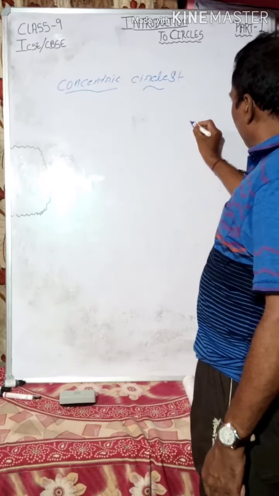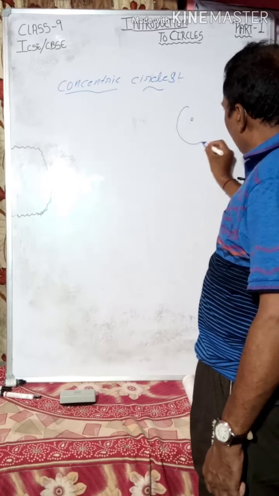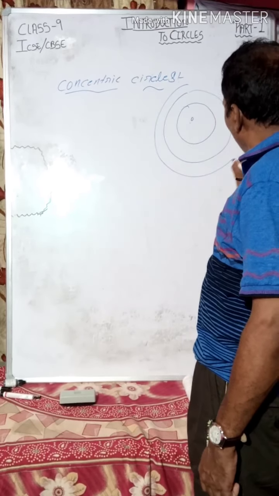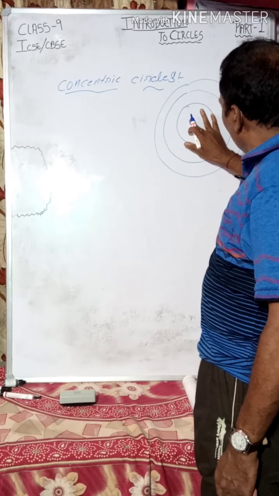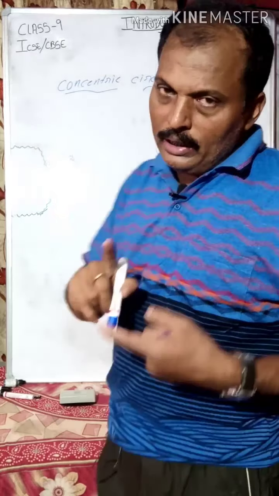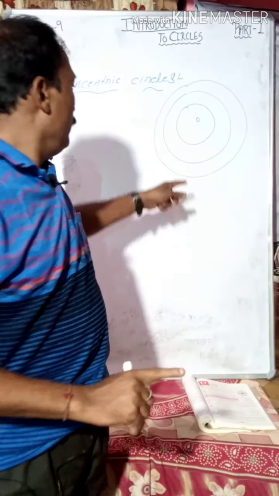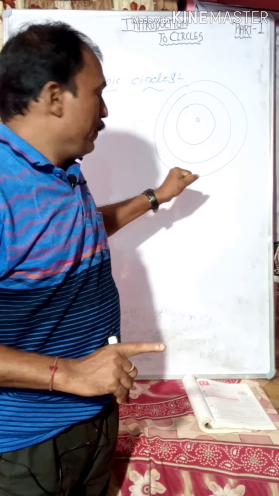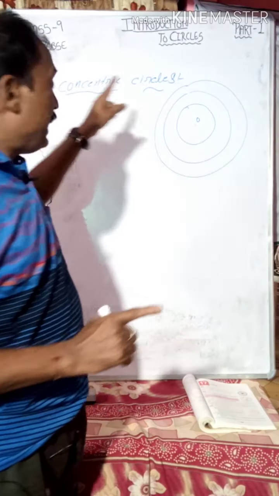Look, here is a point O, and here are circles, but all circles have a fixed point O, meaning O is the center of the circles. So what are concentric circles?